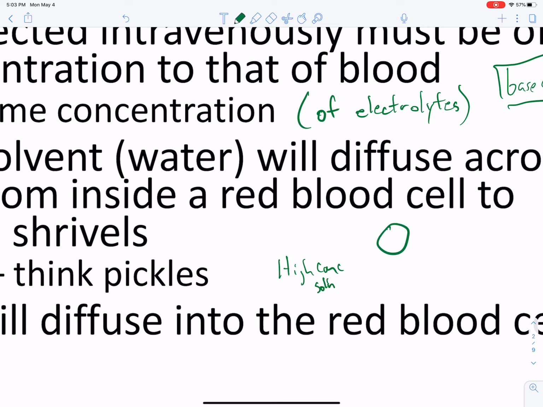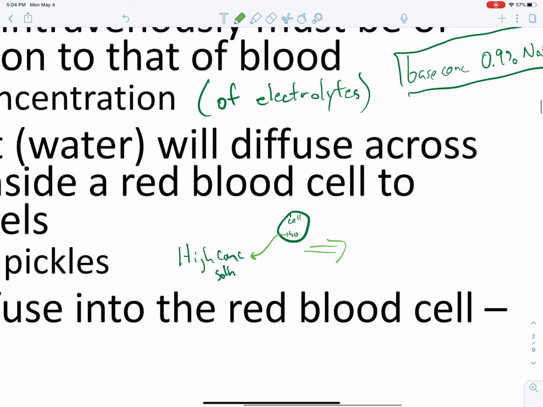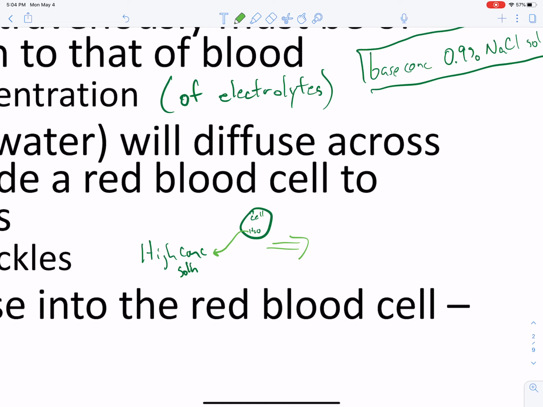And here's our cell, and it's got H2O. That water will diffuse through, and when it does that, as it osmotically moves through the cell, we end up with a lower concentration of our solution, because we've got more water there, but the cell shrivels.